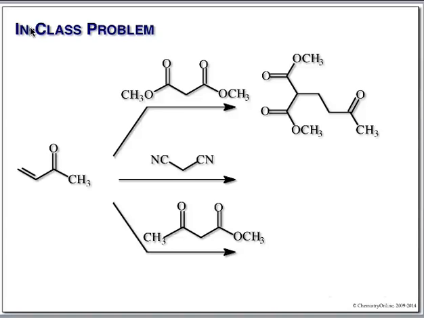We could take this, which is called malononitrile. Even though it's a nitrile, we can form a fairly decent anion at the central carbon. It will just add to our beta carbon, and we will get that.